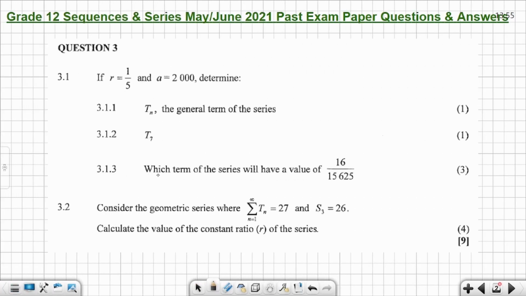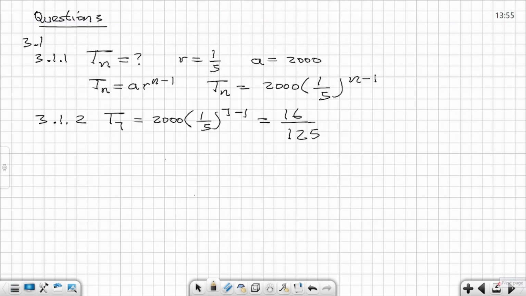The next question is, which term of the series will have a value of 16 over 15625? Okay, let's do it. So what is the question asking for? Question 3.1.3 is asking for Tn equal to what, what is the value?